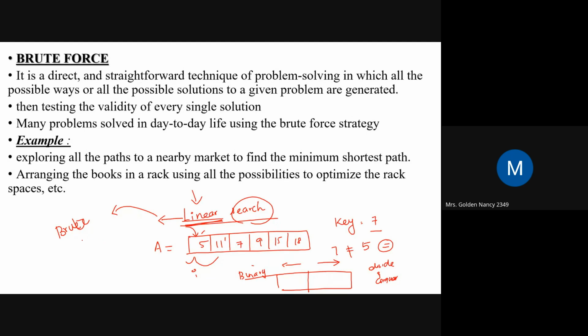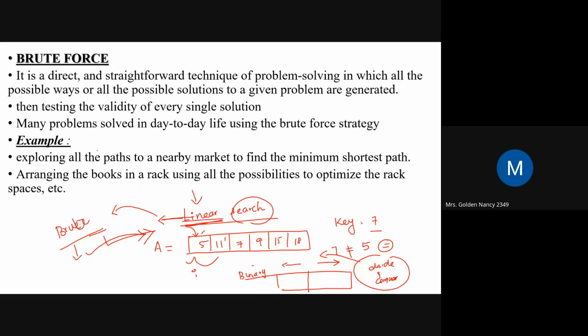Don't confuse linear search and binary search as confusing terms. Just remember, brute force is a technique that is applied on one search algorithm, and divide and conquer is a technique that is applied on the binary search algorithm. So this is a technique that is applied on one problem statement. The problem is you want to search an element linearly, and for that you are using the brute force approach. Please remember, don't confuse.